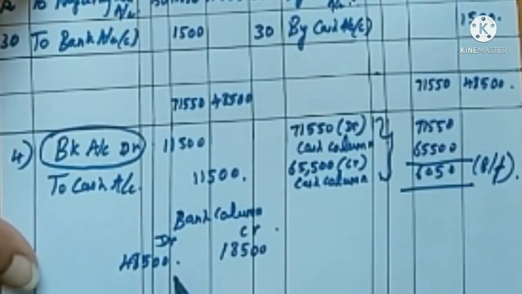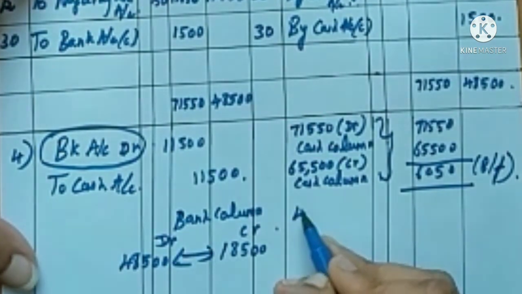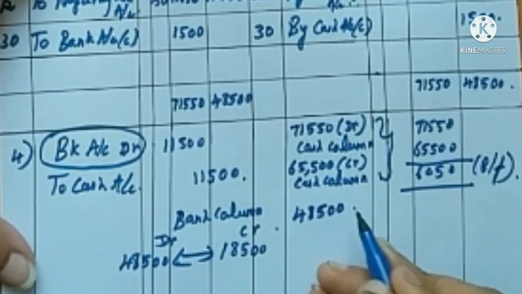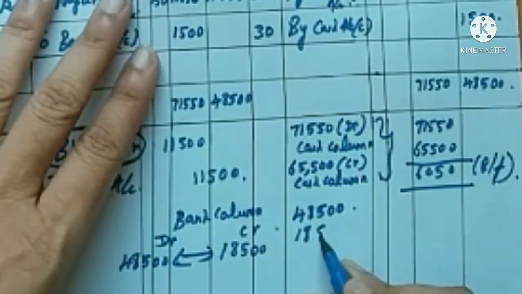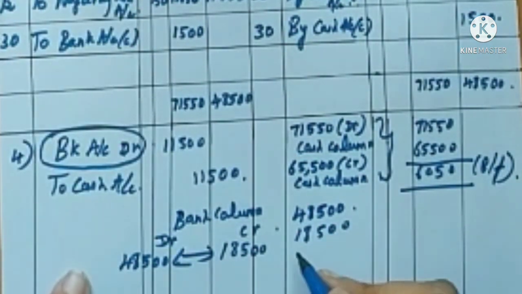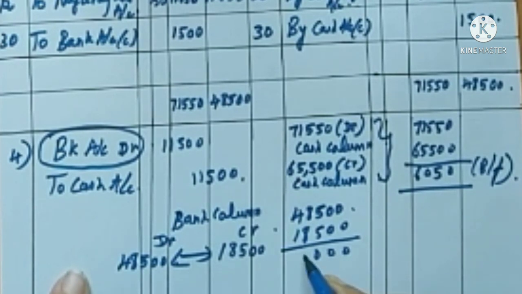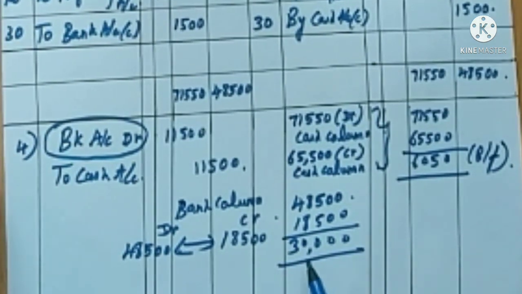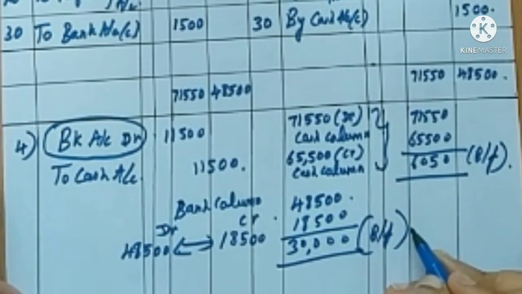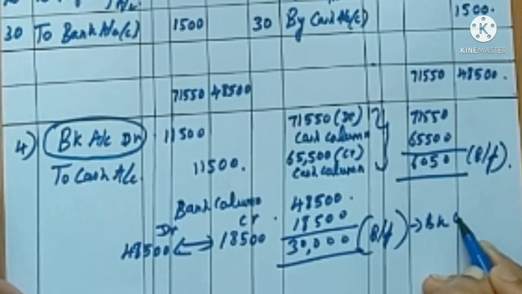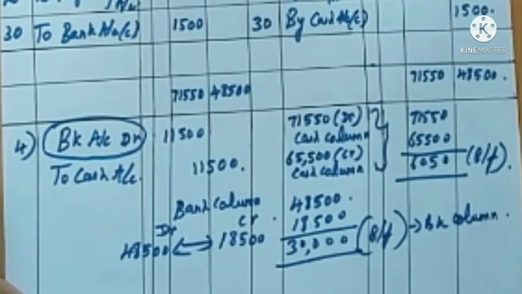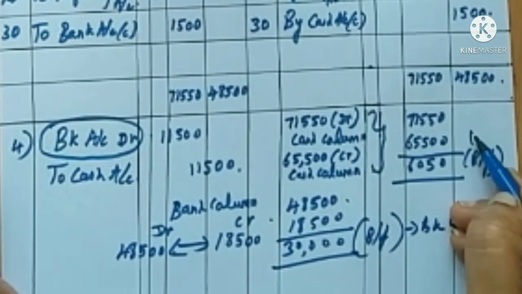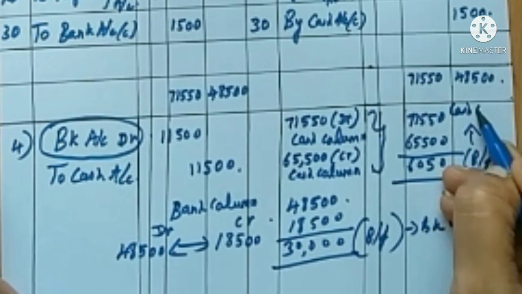Now let's see this one. What is 48,500 minus 18,500? We get rupees 30,000. So this 30,000 is the balancing figure in the bank column. This is the balancing figure in the cash column.